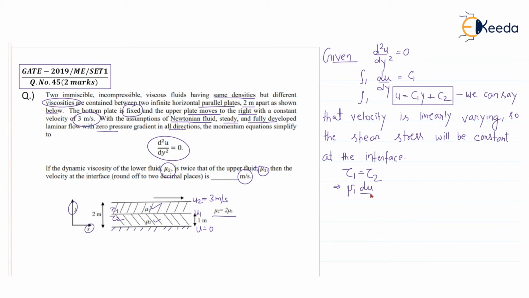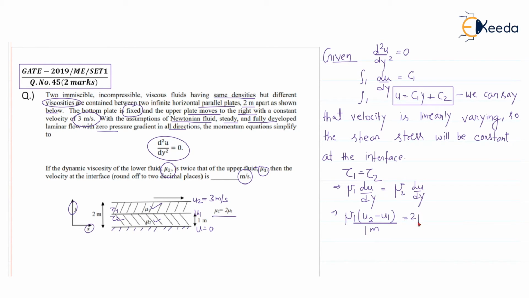So mu1 into du, which is u2 minus u1, and dy is the same, that is 1 meter. You can write, and after that also you can cancel.